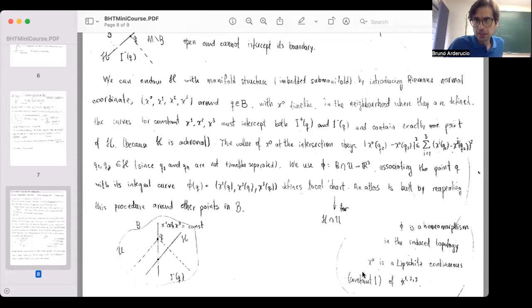This is not crucial, but it shows that phi is not just an immersion, it's also an embedding. So you have this continuity, but that's not as crucial.